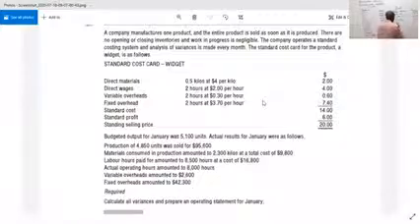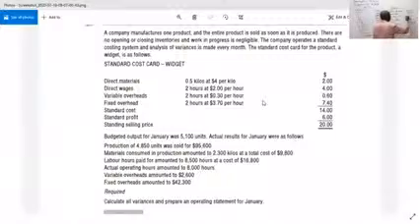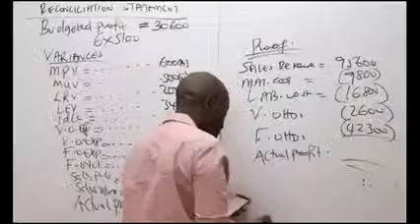And then I have fixed overheads, 42,300. So please subtract these from the revenue for you to be able to get the actual profit from the actual information.